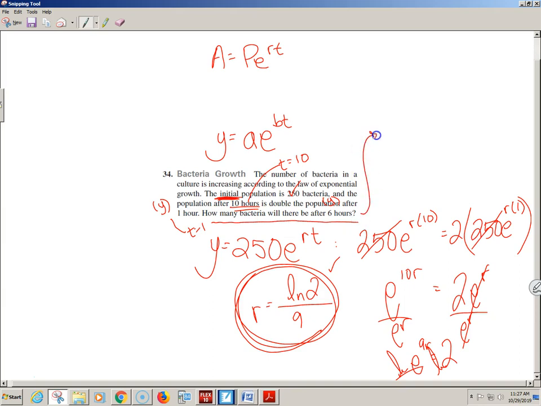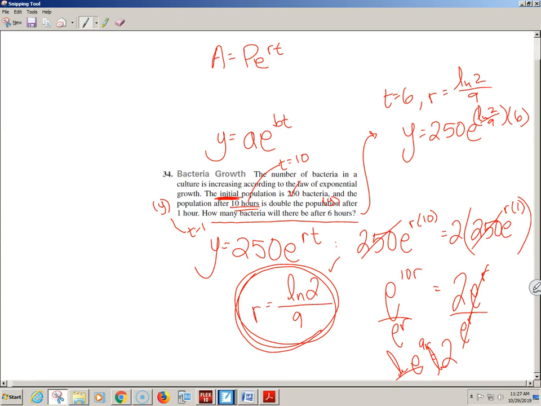Okay, so now I know t equals 6. I know my r is equal to ln of 2 over 9. Can't I take my nice equation and say, I know that, I know this, I know this, and I know, oh, all they're asking me to do is plug it in my calculator. Just a few of you are like, let's start canceling stuff out.